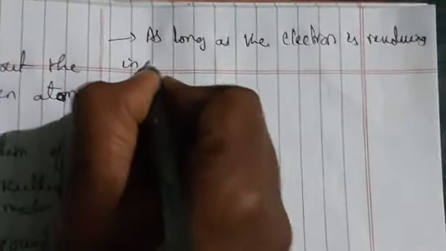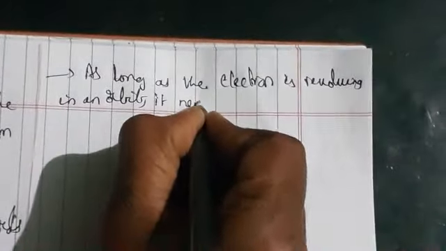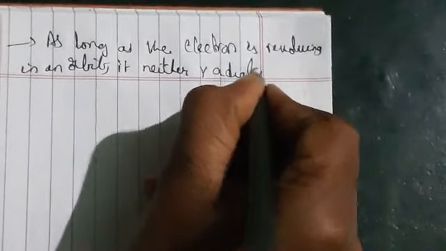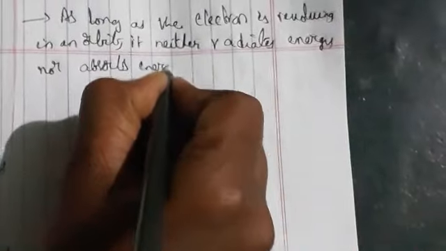So the next point: as long as the electron is revolving in an orbit, it neither radiates energy nor absorbs energy.